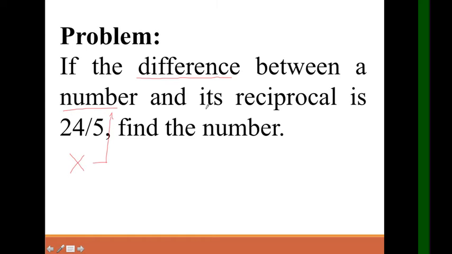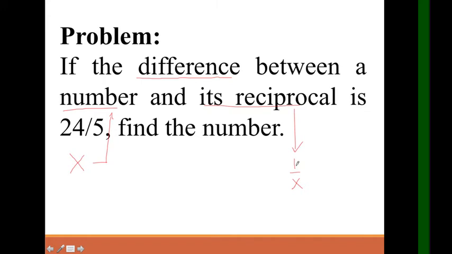And then, its reciprocal. Sabi niya, ano ba ang kabaligtaran ng x? Or ano ba yung flip ng x? Or yung reciprocal ng x? And that is 1 over x. So that is the reciprocal of x. The x has a reciprocal of 1 over x.